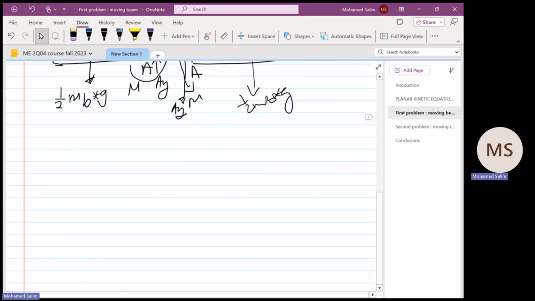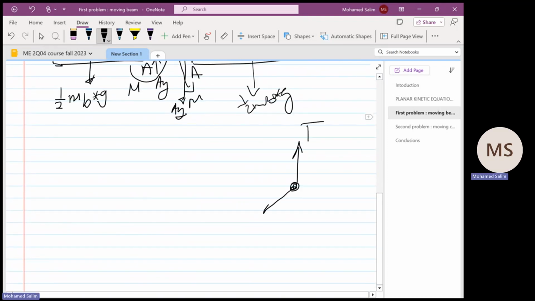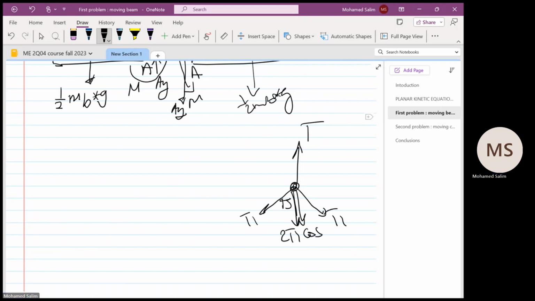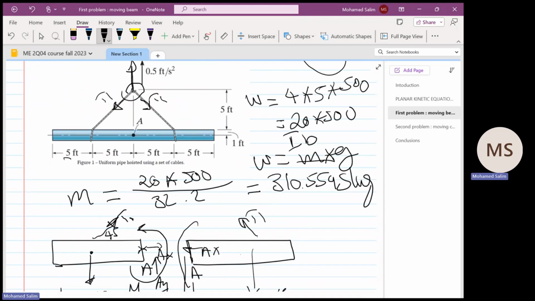This is the point. We have here T. And we have here T1, which represents the tension in the other two ropes. And again, what is the angle? 45. So this will be 2T1 cosine 45, and we have here T1 sine 45.